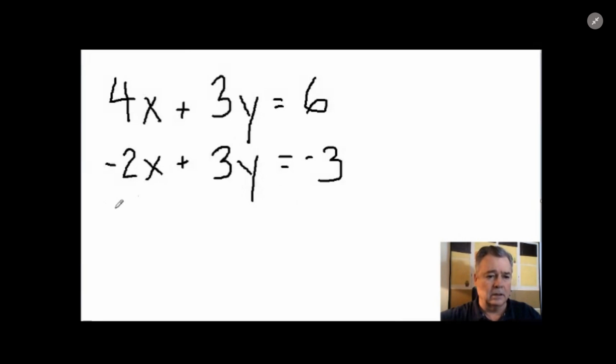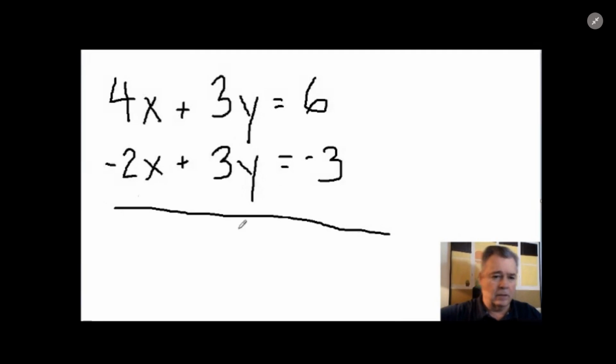Let's see, when we subtract 3y minus 3y, we get 0y. That's equal to 0. And if we subtract minus 2x from 4x, it's going to give us 6x. 6x plus 0 equals 6 minus 3, which is 9.